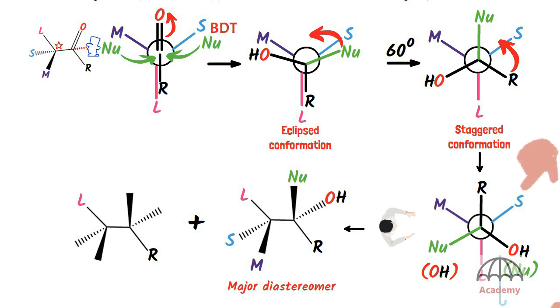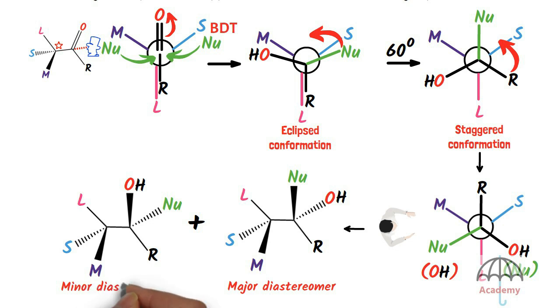The small group and nucleophile are away from the observer, hence written on the dashes. The medium group and hydroxyl group are near the observer and therefore written on the wedges. This is the minor diastereomer because approach of the nucleophile from the medium group side is comparatively hindered.